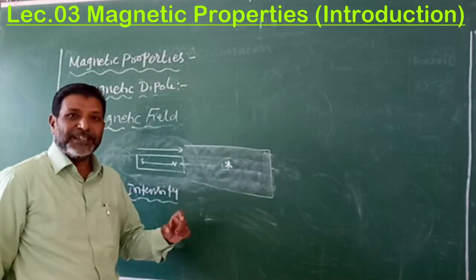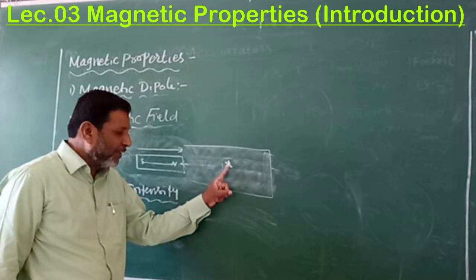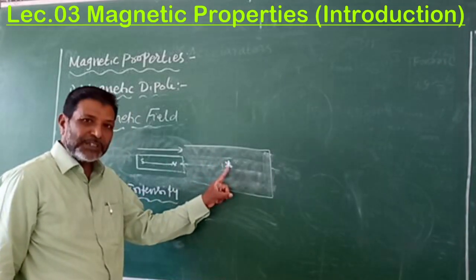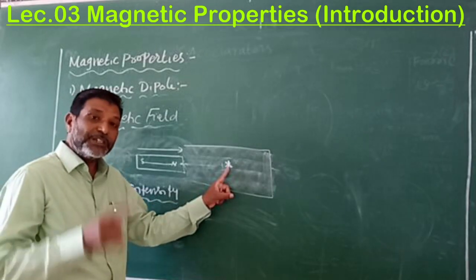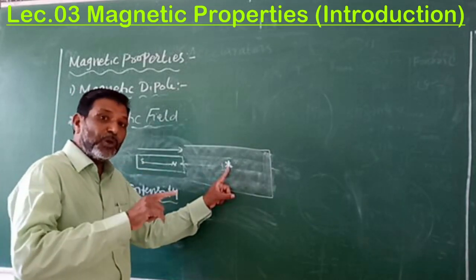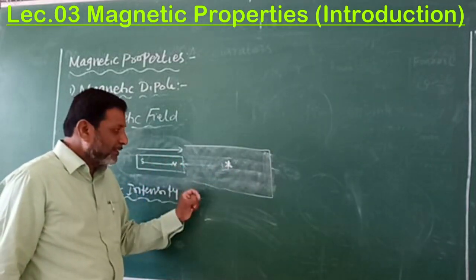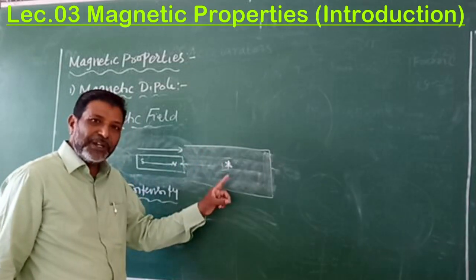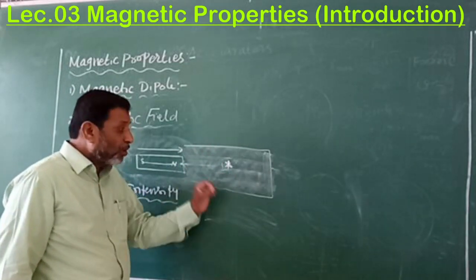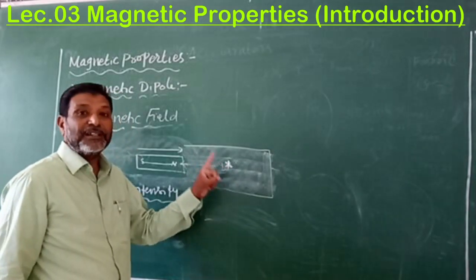Magnetic intensity at any point in the magnetic field is equal to the force acting on a unit positive pole. Once again, I repeat: magnetic intensity at any point in the magnetic field is equal to the force acting on a unit north pole placed at that point.